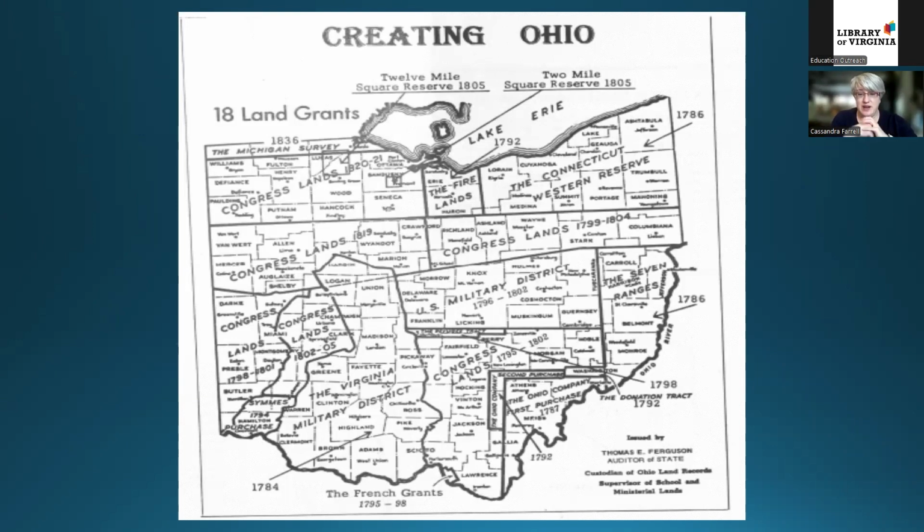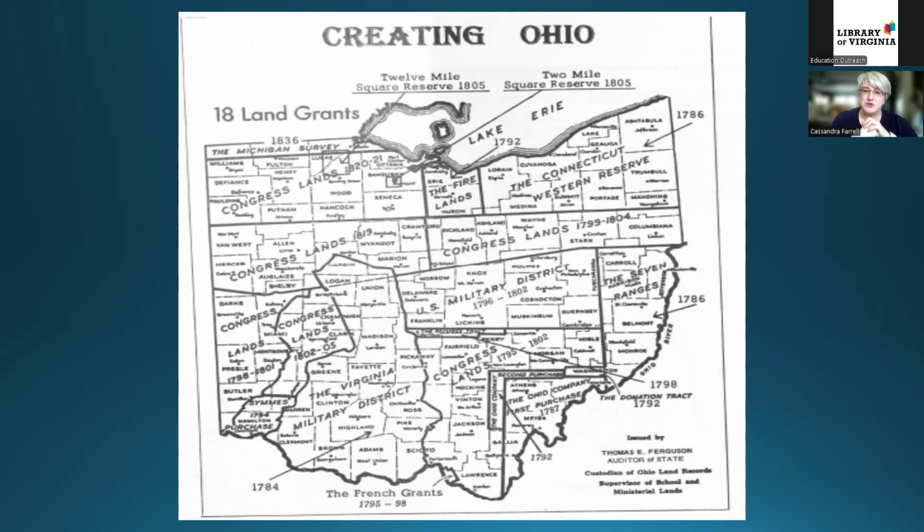And so how do you move? Who's moving? Well, we've already discussed Virginians moving into the Virginia Military District. You can see almost in the middle, the U.S. Military District. Well, that was for those soldiers who received bounty warrants from the United States government, and they moved into those areas.